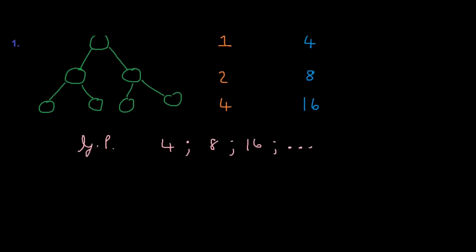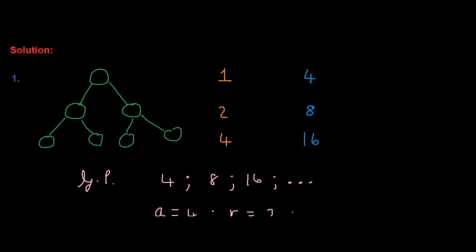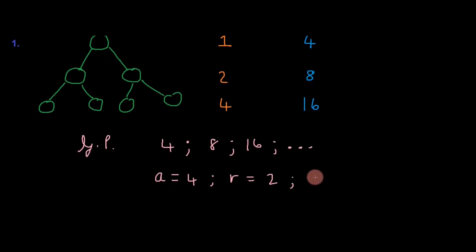So A, the first term here, of course, is 4. Then R, the common ratio, will be 8 divided by 4, which is 2. Now the question says, how many bacteria will be present after 1 hour? 1 hour represents 60 minutes, so n is equal to 60. And we have to find T sub n.